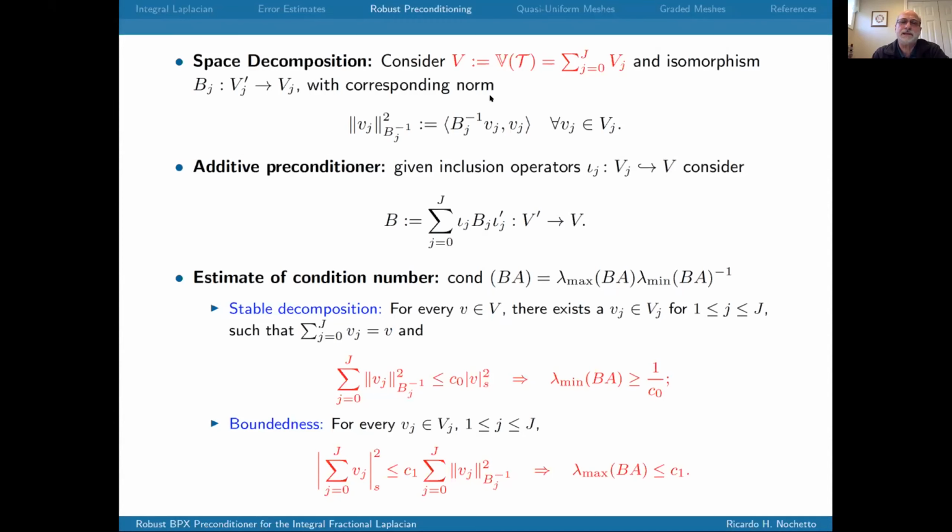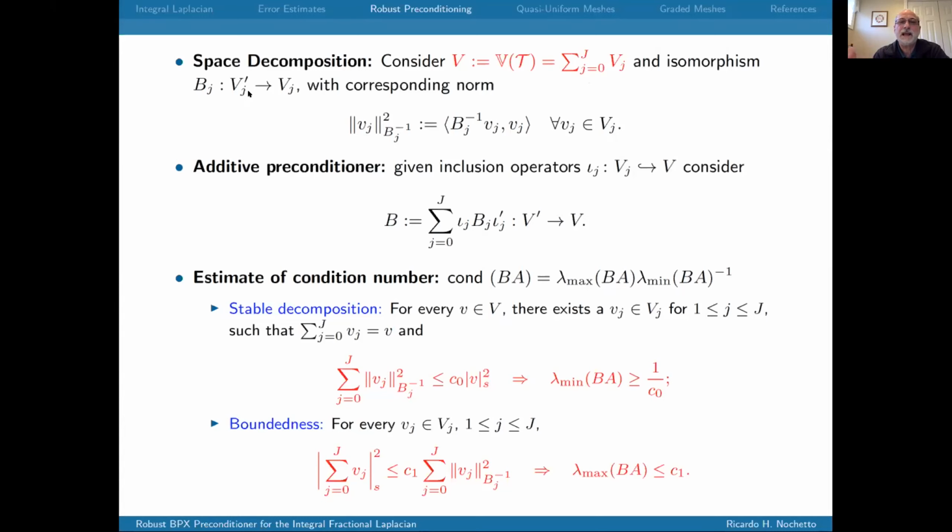So this is the setting. Suppose you have a space. Now this V is going to be our finest element space, which is a sum of spaces, VJs, of different levels. They don't have to be uniform. They can be refined locally, so they can be graded, spaces associated with graded meshes. For VJs, we have an operator which is called VJ.